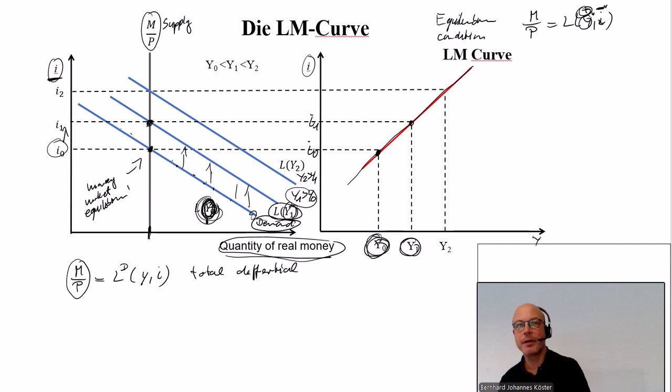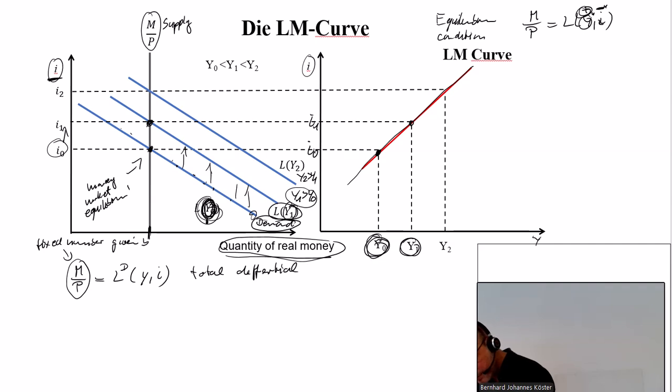This is a fixed number, and the derivative of a fixed number is again 0. So the change would be 0, or let's write it down in this way, d(M/P).